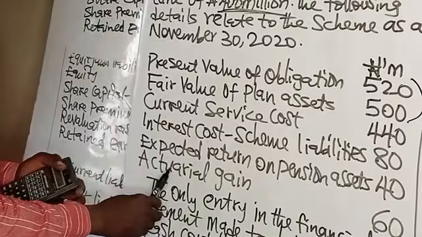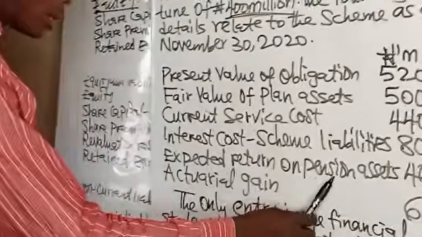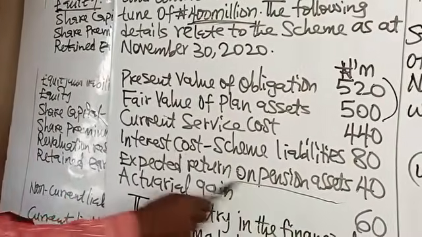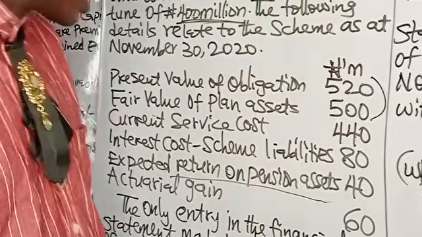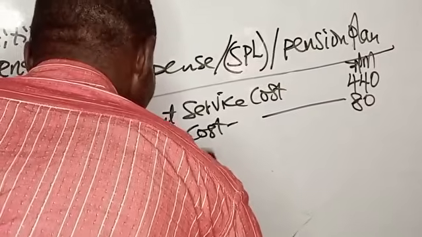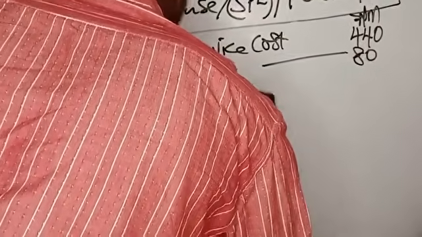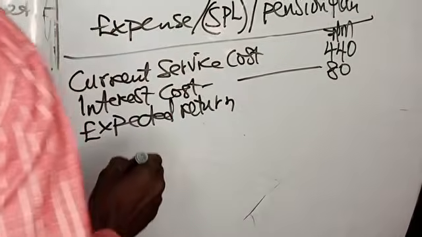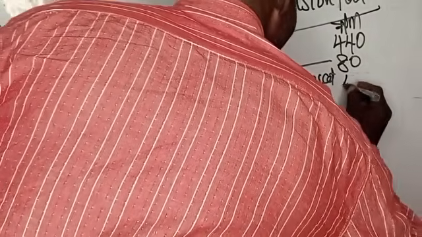Then expected return on pension asset. Return is an income, so you deduct the profit from it, 40.